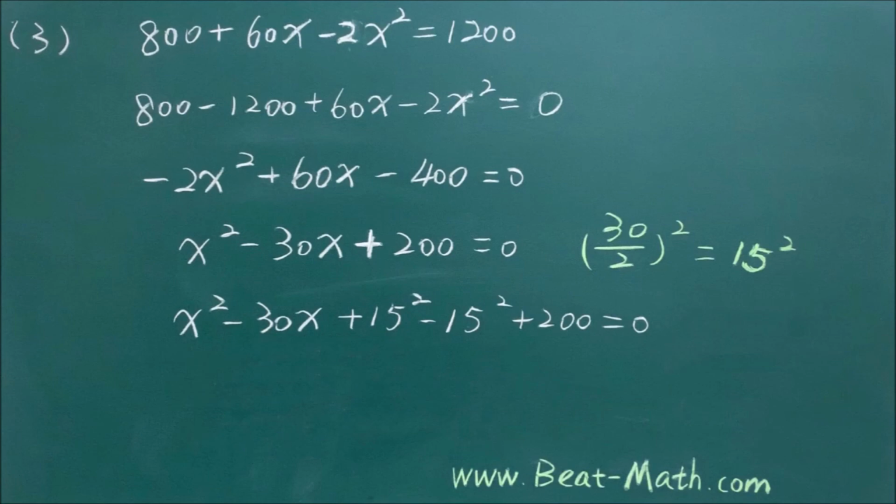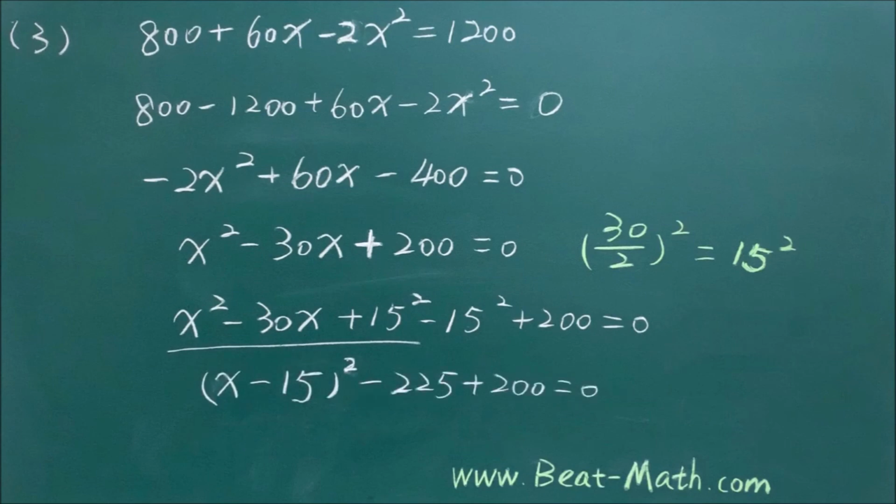The square of 15 is 225, so we get (x minus 15) squared minus 225 plus 200 equals 0. Moving the numbers to the right side and changing their signs, we get (x minus 15) squared equals 225 minus 200 equals 25.